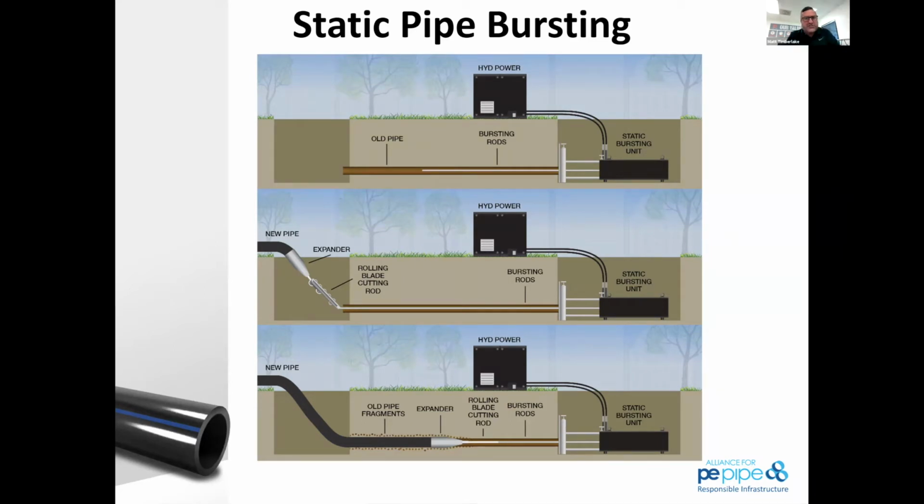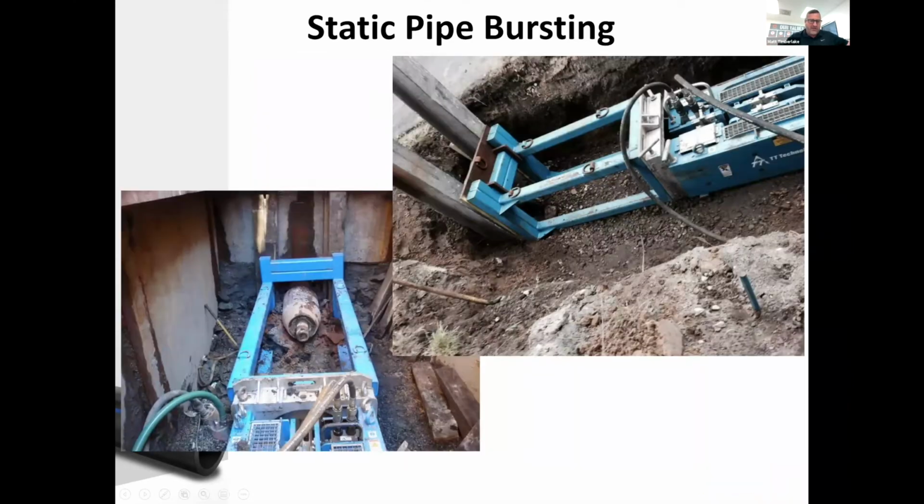So this slide is just showing what I talked through with the static pipe bursting machine on the right, and now the pipe insertion pit would be on the left. So this would be what a static hydraulic machine is going to look like down in the pit. One thing to note is on the left side of the top photo, that's showing steel I-beams or big wooden blocks.